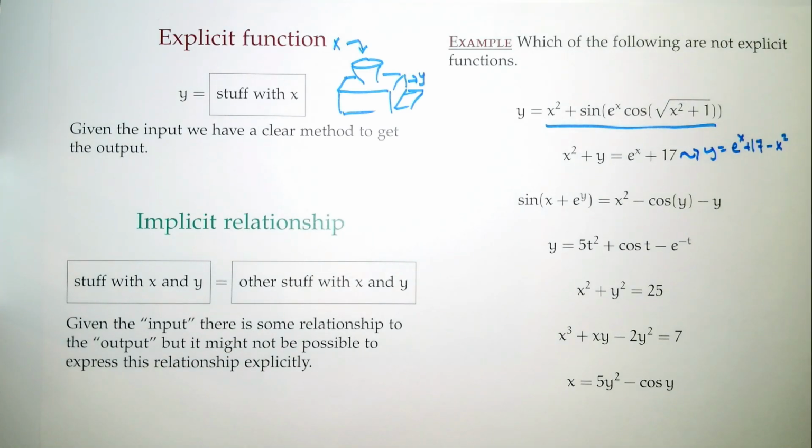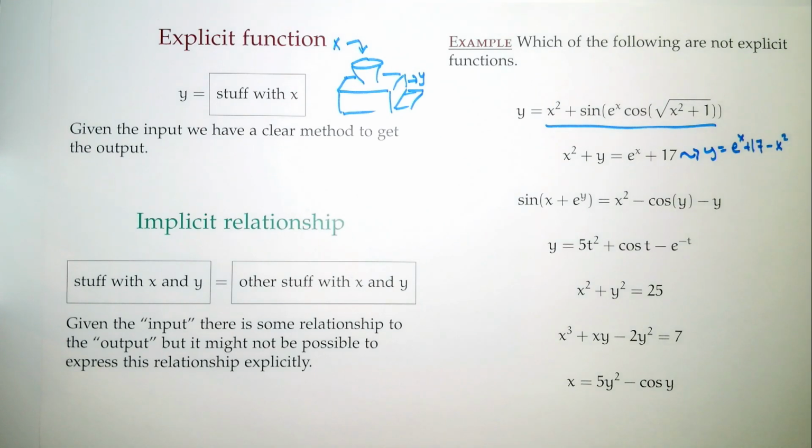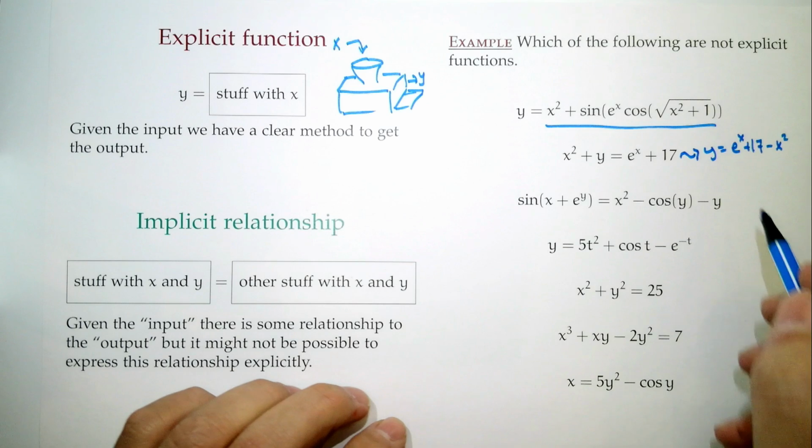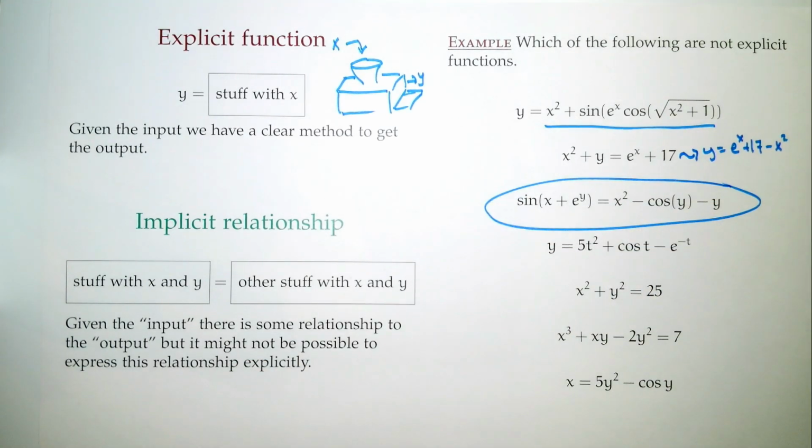Okay, now on to the next one. Sine of x plus e to the y equals x squared minus cosine of y minus y. Explicit or not explicit? Not explicit. Okay, this one, there's no hope. There's no way to solve for y by itself. Essentially what's happening here is you see these parentheses where y is being plugged into, for example, the cosine.